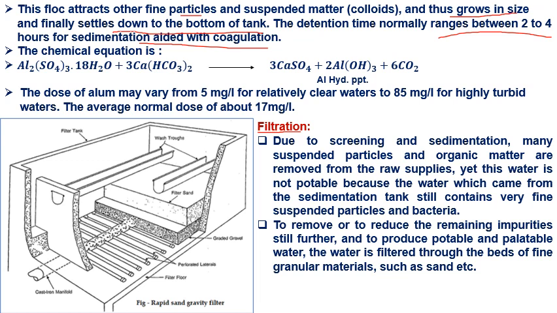These are the wash troughs. This is the filter tank. These are the filter media, sand, and the base for the filter media is graded gravel. This is the under drainage system, in which perforated laterals are there.